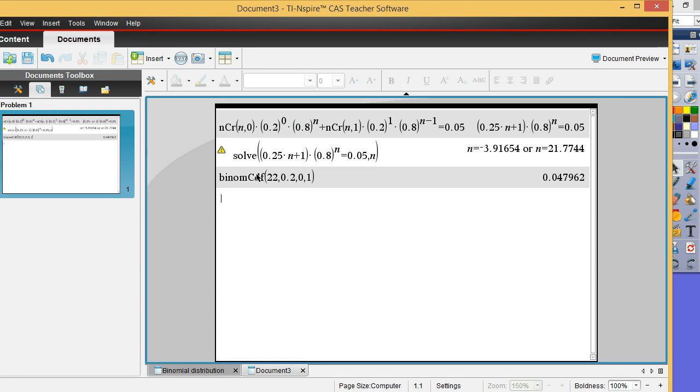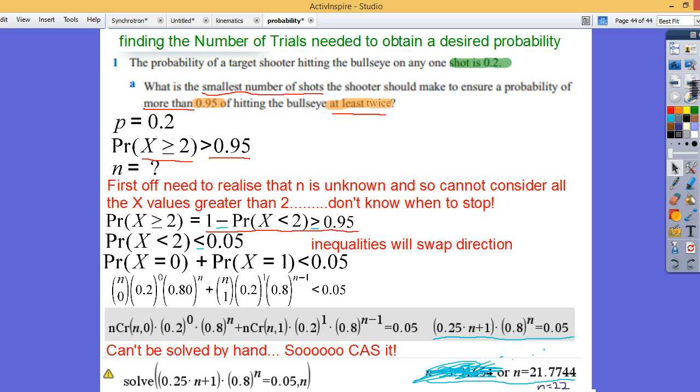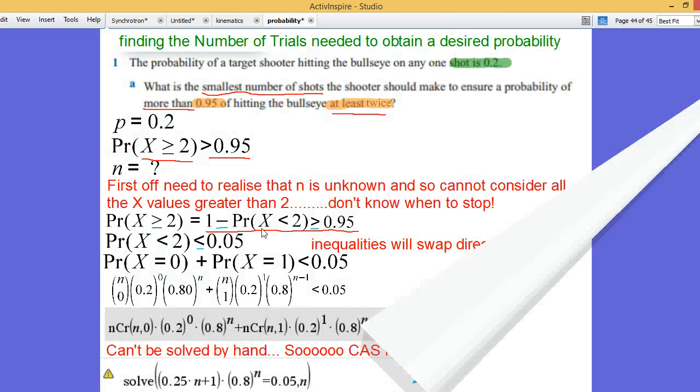And there it is. That's the probability for when x was less than 2, that is, it has to be 0 or 1. And it is less than 5%. Nicely done. And that's it. Thank you very much.